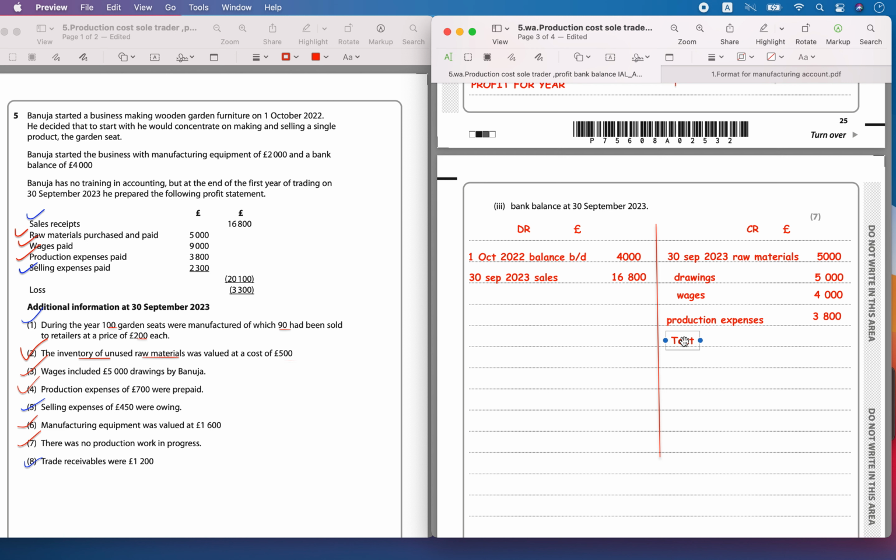Here you should not adjust anything because this is not an income statement. You will just reflect whatever has happened. So selling expenses were 2,300. Now these are the things, and now let's add up and balance the bank account.